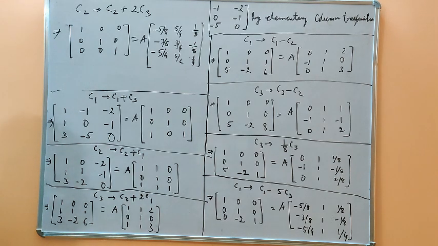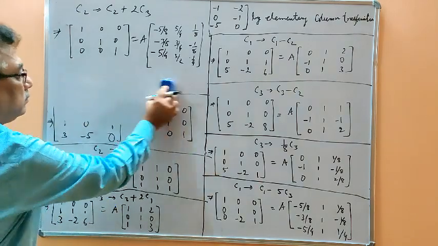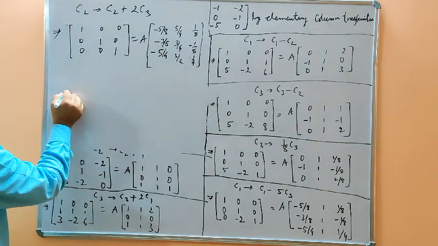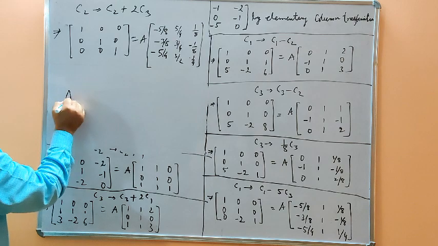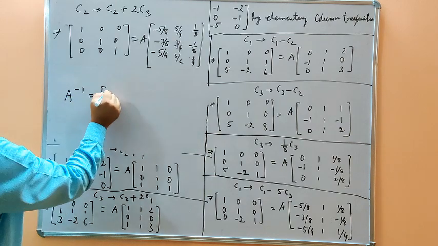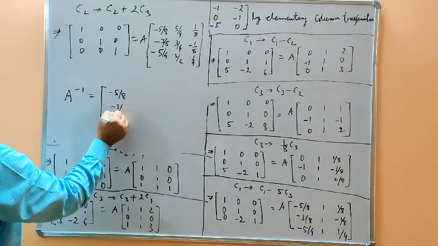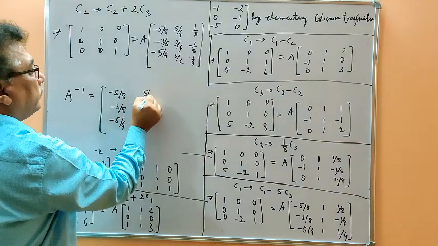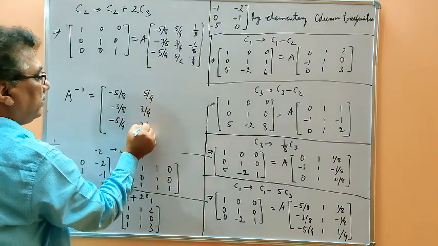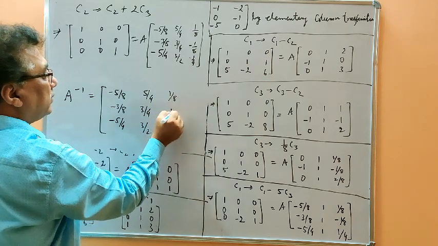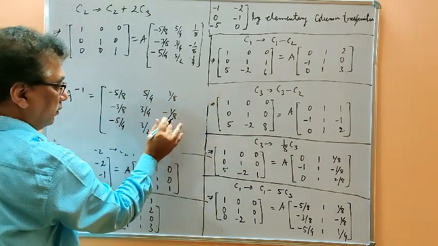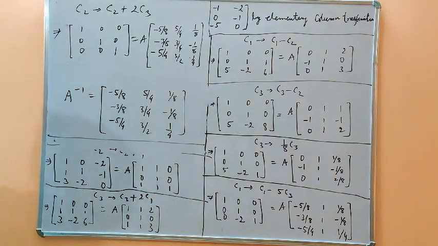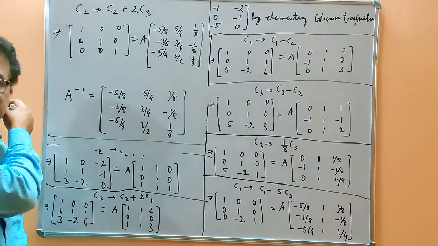Okay, and then the result, that is A inverse, is minus 5 by 8, minus 3 by 8, minus 5 by 4, then 5 by 4, 3 by 4, 3 by 2, 1 by 8, minus 1 by 8, and then 1 by 4. Okay. So this is the inverse of this matrix. I've written from there.